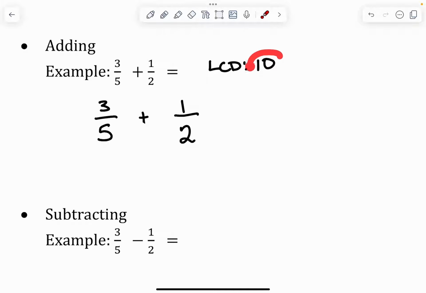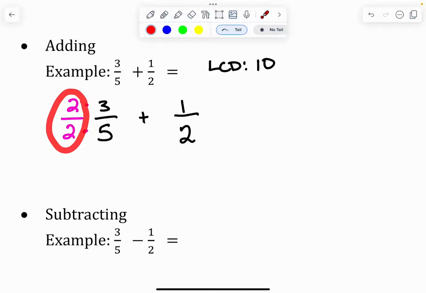That's because 10 is divisible by 5 and 10 is divisible by 2. So we need to get the 5 in our denominator to be a 10. So we're going to multiply by 2 over 2. Now, 2 divided by 2 is equal to 1. So we're not changing the value of the fraction, we're just changing the form of it.